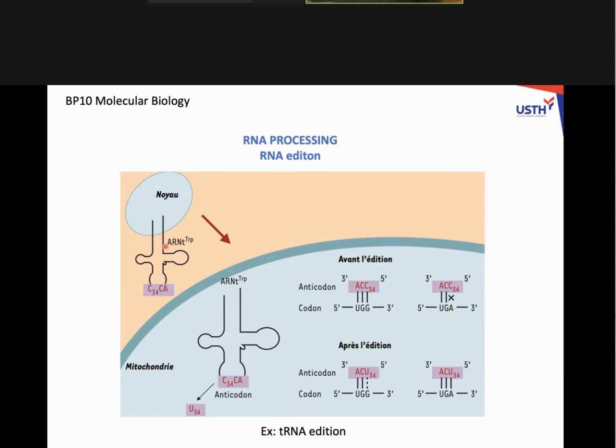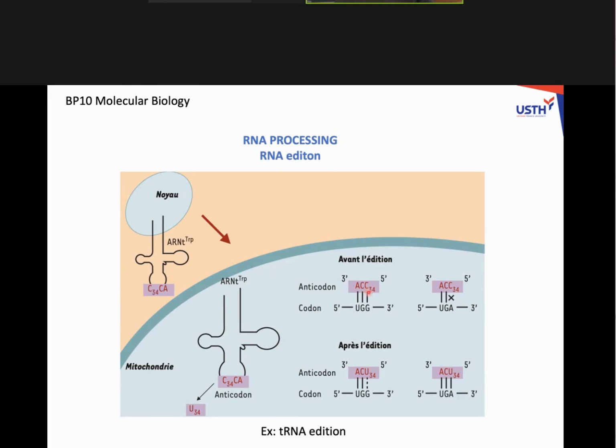It's the tRNA that is normally used to transfer the tryptophan during translation, and the anticodon sequence is CAA. The number 34 is just the position. Okay, so CAA. Naturally, the nucleus produces this tRNA like that with CAA.